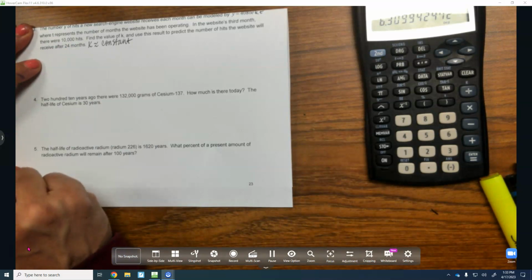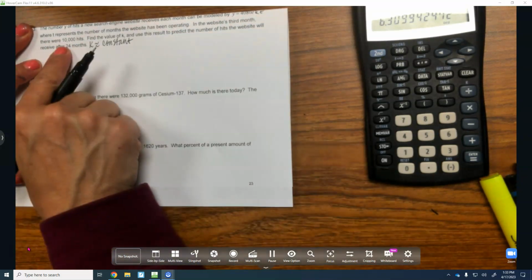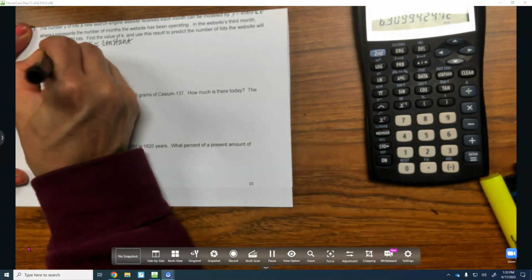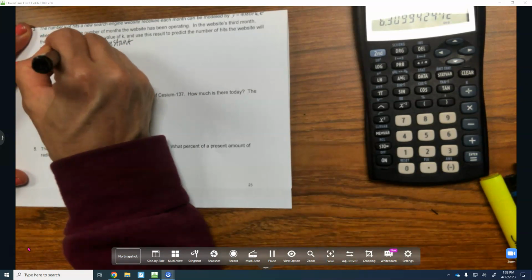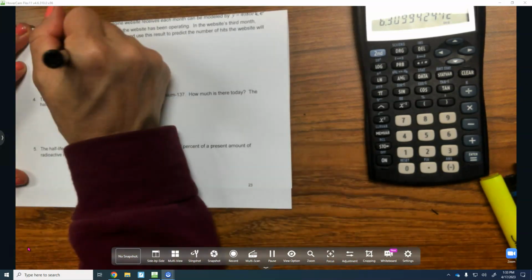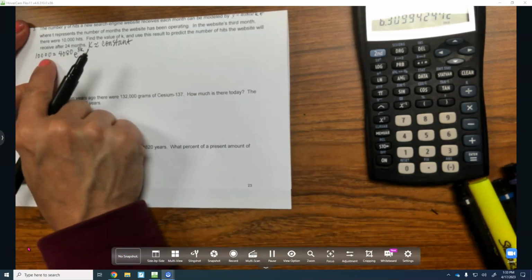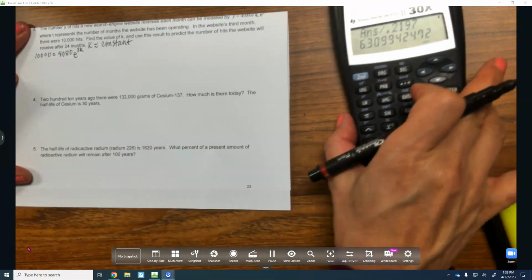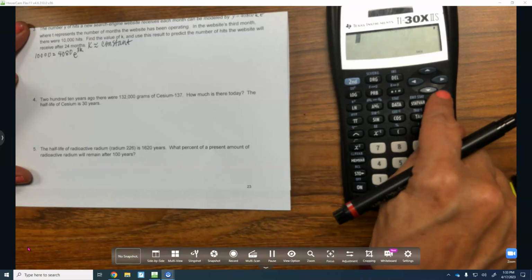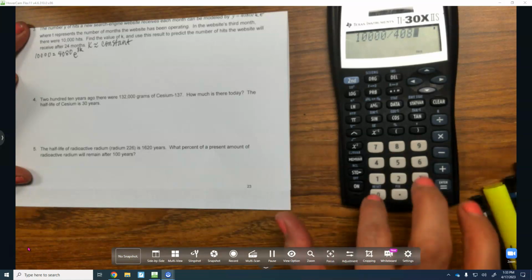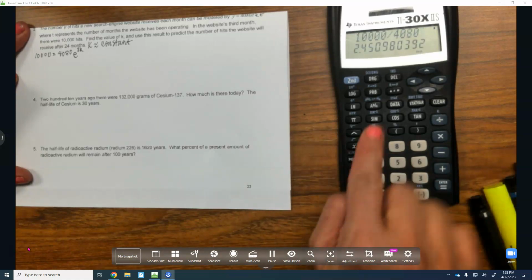So back to the beginning of the problem. We know that in its 3rd month there were 10,000 hits. So we are going to have 10,000 over here on the left side. I'm going to recopy the 4,080. And remember, this is e to the 3k. We're determining the constant. This is step 1 of this process. So let's divide both sides by 4,080. Now again, I can show you this one more time. I'm going to hit clear. So 10,000 divided by 4,080 is going to give me this decimal, but I prefer a fraction.